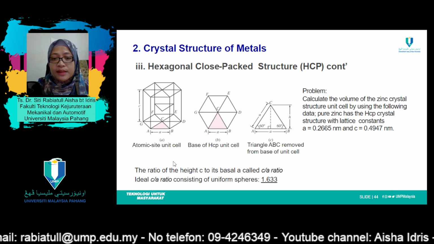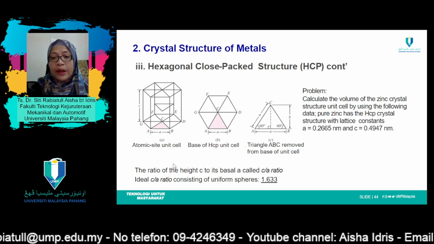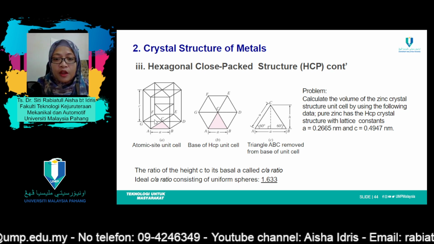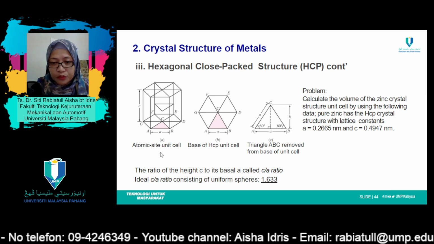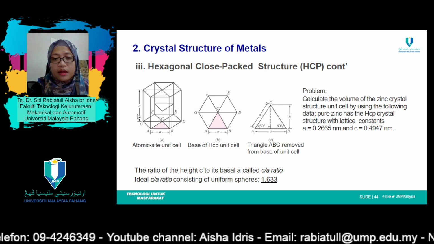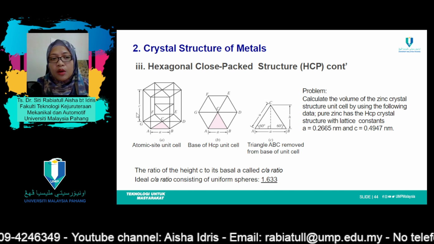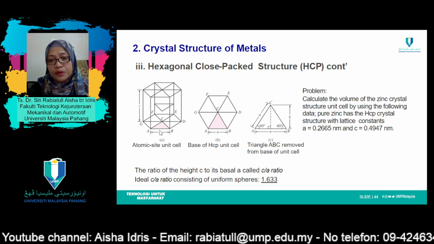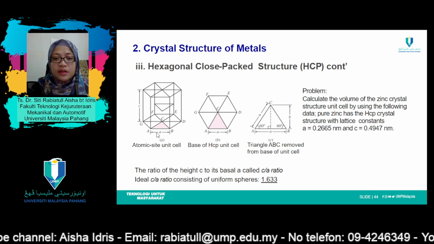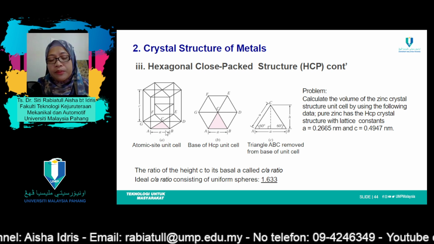The first step is that we need to find the area of triangle ABC. The formula for the area of a triangle is 1/2 times width times height, right? So you should be able to get this area for ABC.